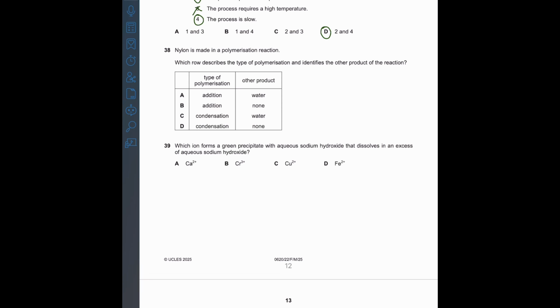So nylon is produced in condensation polymerization, which means a condensation reaction: the reactants react and produce the main product, plus a smaller molecule is removed. And in condensation reactions, for nylon, water will be removed. So the answer is C.